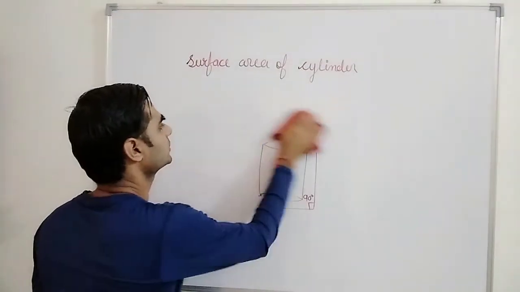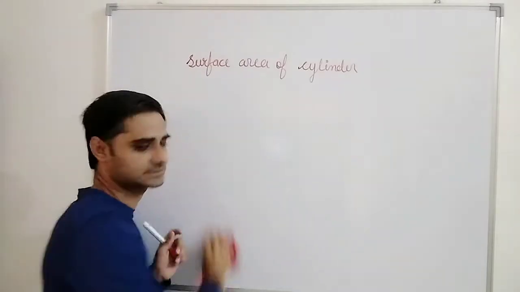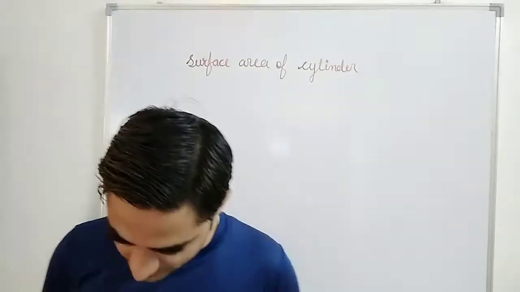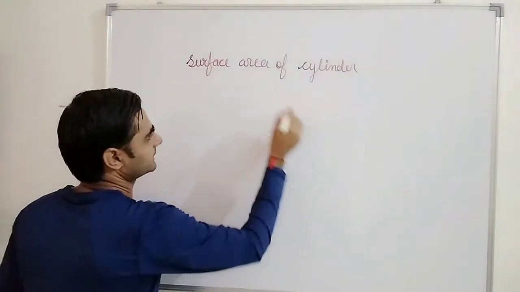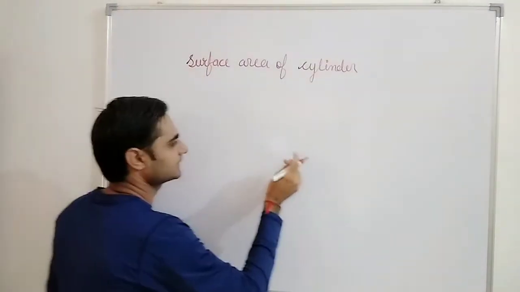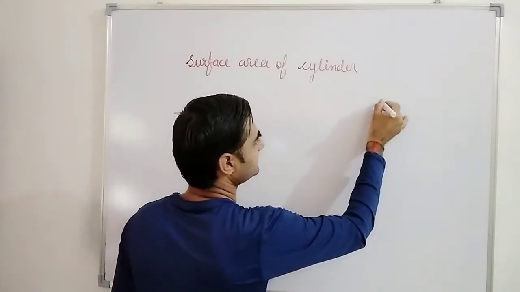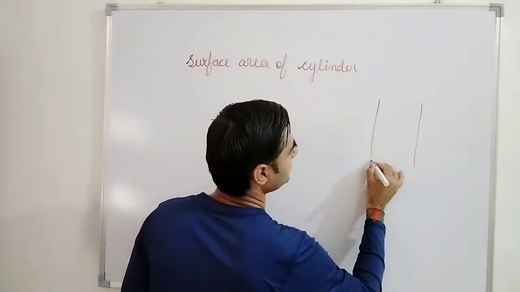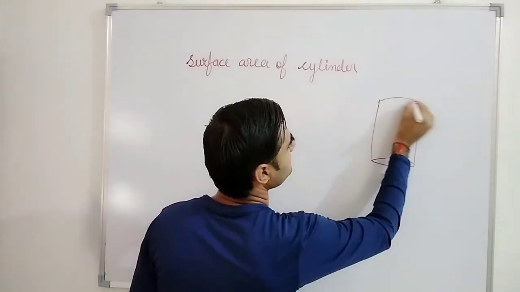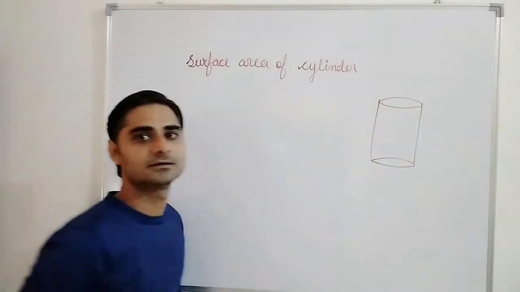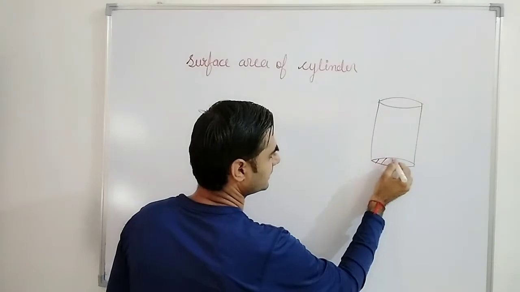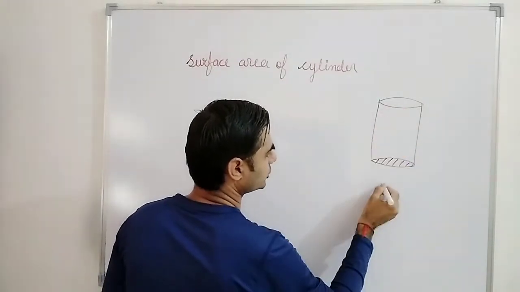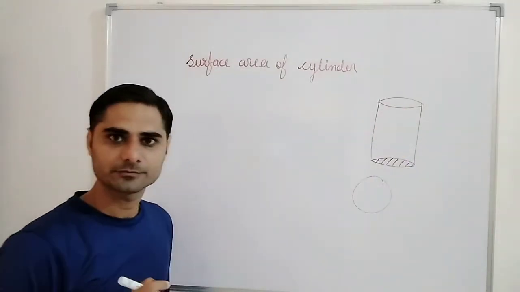As I told you about the formula of the curved surface area, we are talking about surface area. See, first of all you will see the cylinder having a base as a circle. One circle is down and one on top.